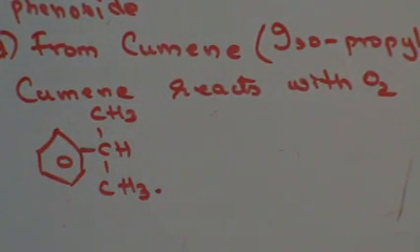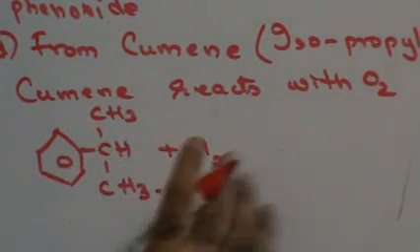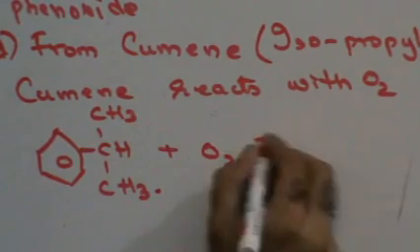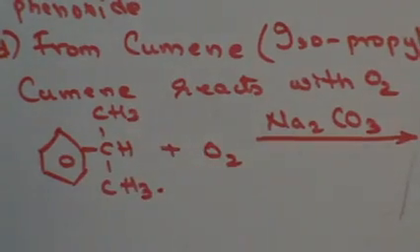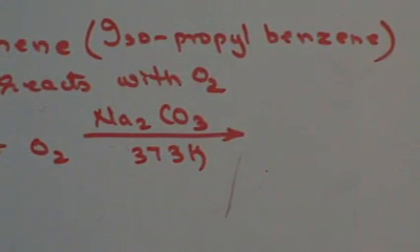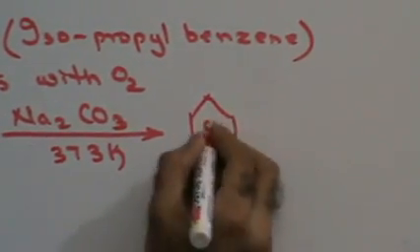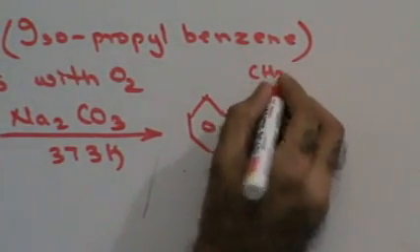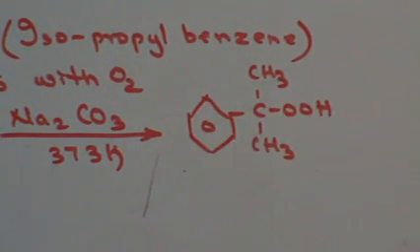This is your isopropyl benzene, which is called cumene. It reacts with oxygen gas, sorry, not hydrogen, in the presence of sodium carbonate at 373 Kelvin. You would have an addition reaction taking place where you have the benzene ring, CH3, CH3, and both the O's react here, OOH. This is called cumene hydroperoxide.